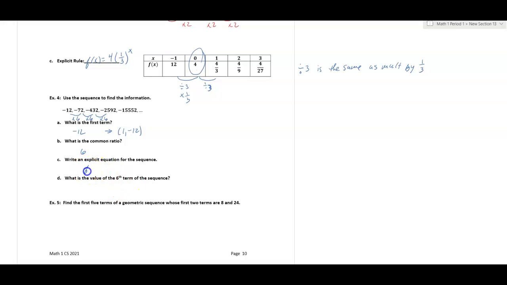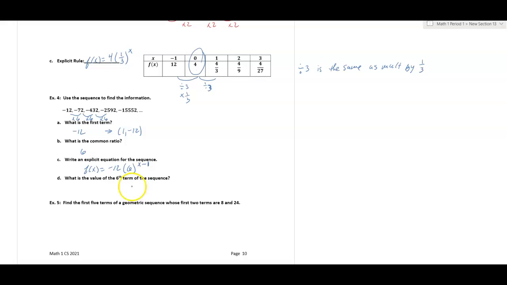So the explicit rule would be f of x equals my first term, negative 12, times my common ratio 6. I'm starting with the first term, so I'm going to use x minus 1. Okay, I'm not starting when x is 0, I'm starting when x is 1.